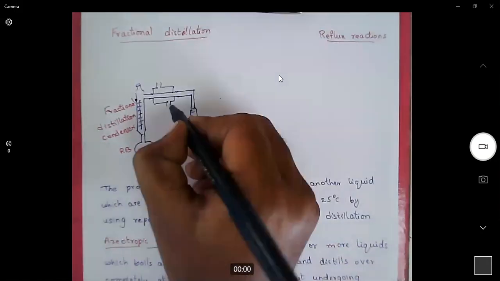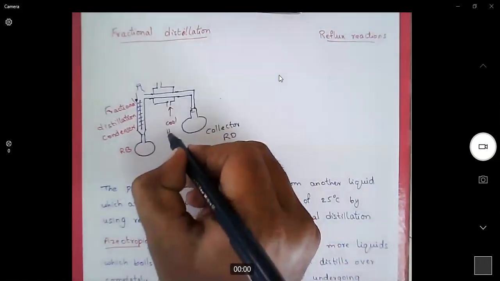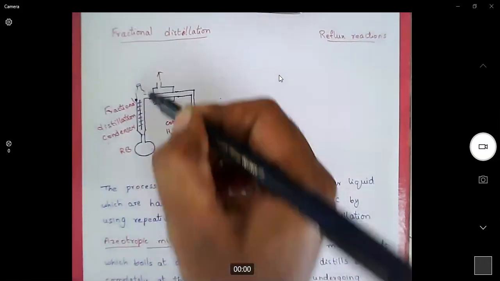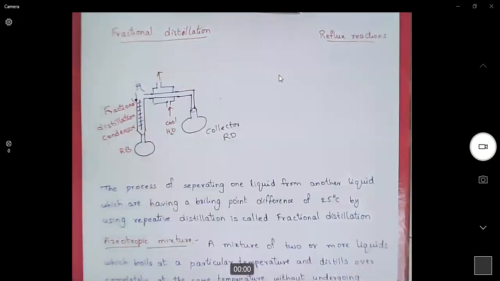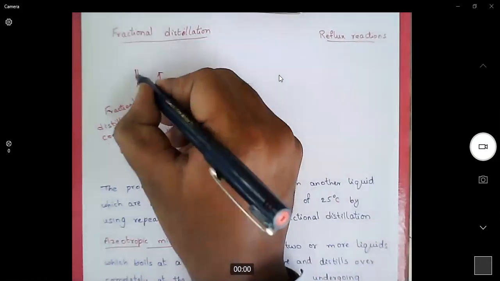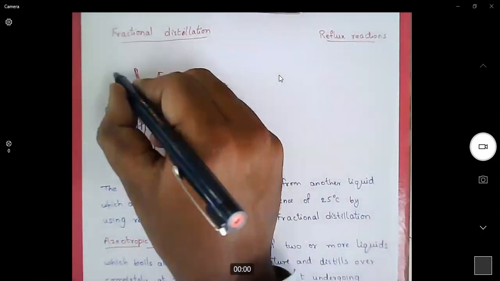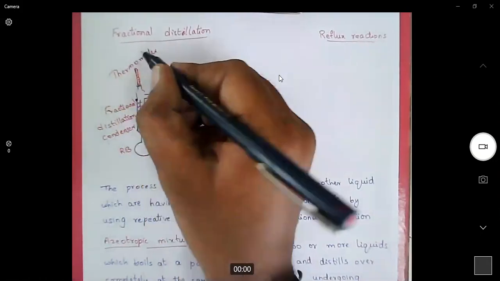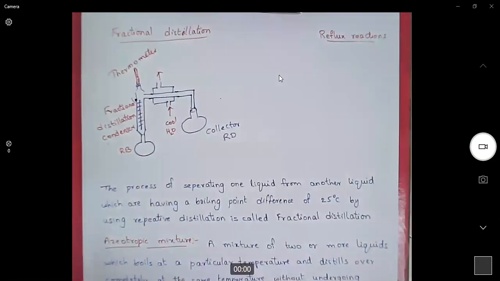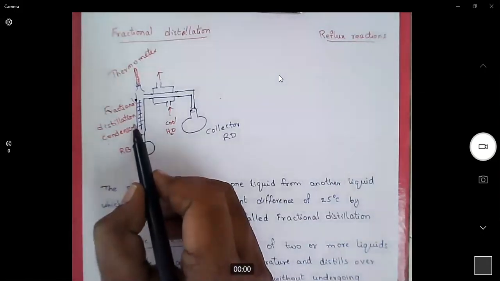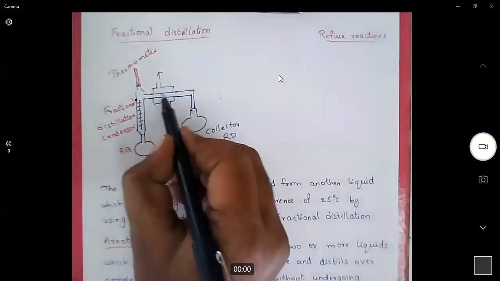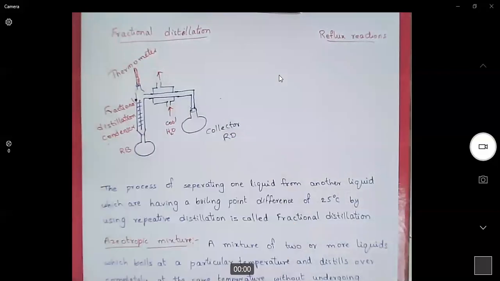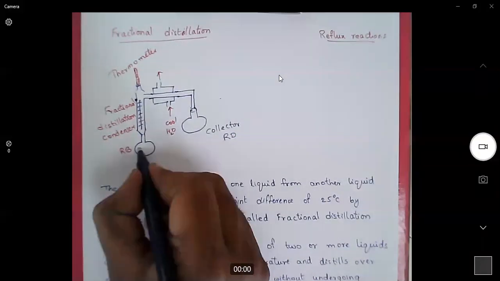Now we will use a cool water inlet and water outlet, and if required we can also place a thermometer here. So this condenser is called a fractional distillation condenser, and we can attach a normal condenser to this at the top of this column. Now, what is the principle in this fractional distillation?